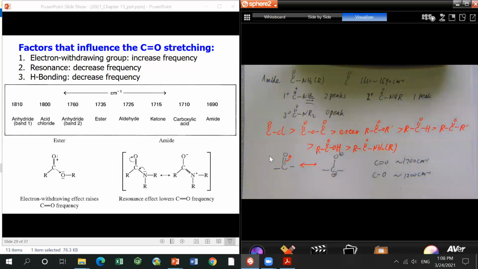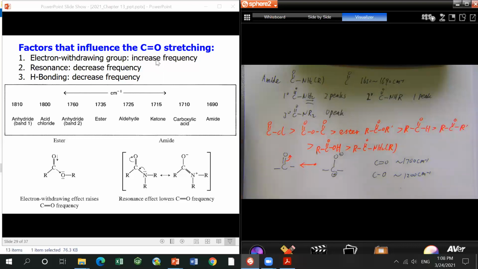Now we'll see what factors can influence the C=O double bond stretching. First, the electron withdrawing effect, also called the inductive effect, and also the resonance effect. These two play opposite roles. If there is an electron withdrawing group attached to the C=O, it will increase the frequency.